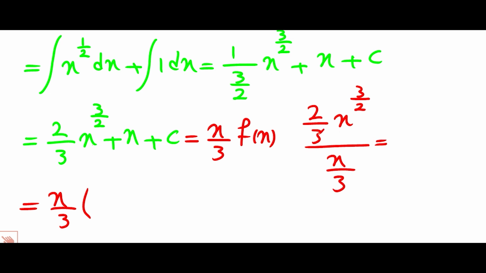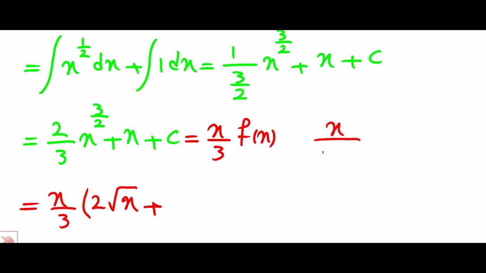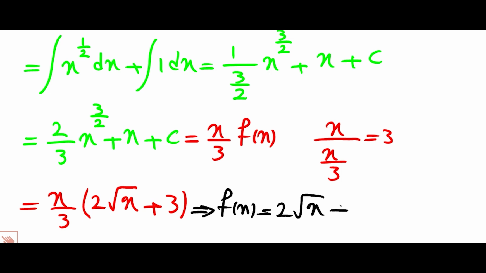So the 3 and 3 cancel, so 2 times x to the power of 3 over 2 over x to the power of 1 means x to the power of 3 over 2 minus 1, which is 1/2. So 2 square root of x, right, plus x over (x over 3) equals 3. So f of x equals 2 square root of x plus 3.